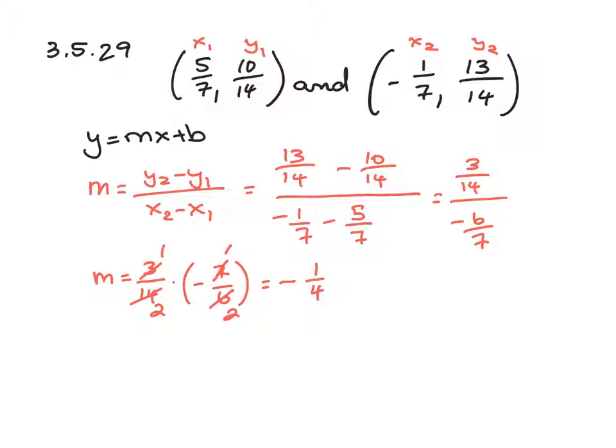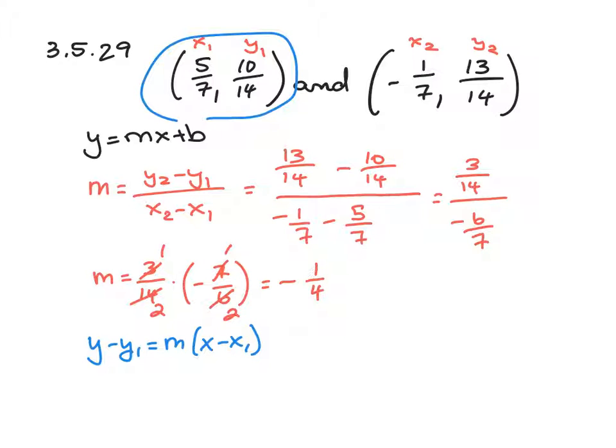Now I'm using the formula y minus y1 equals m times x minus x1 to find the equation of the line, and I'm picking this point here for my x1 and y1. So y minus 10 over 14 equals negative 1/4 times x minus 5 over 7.